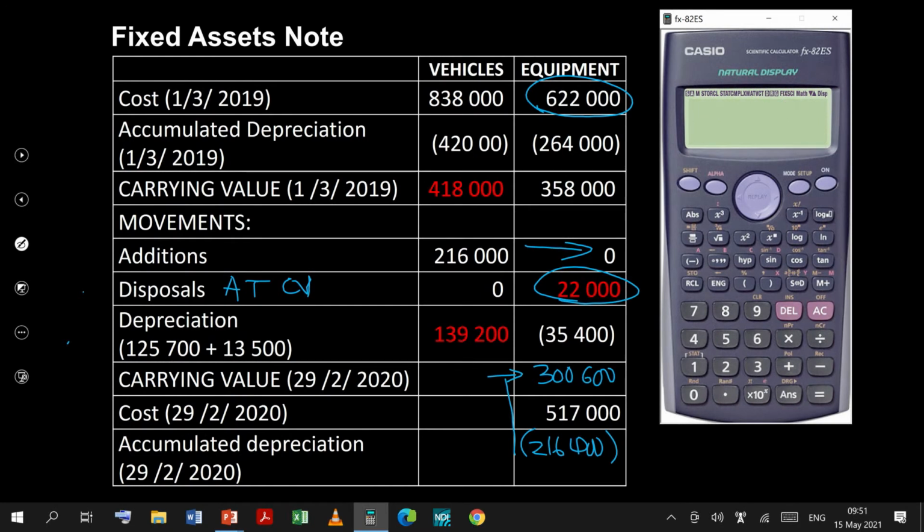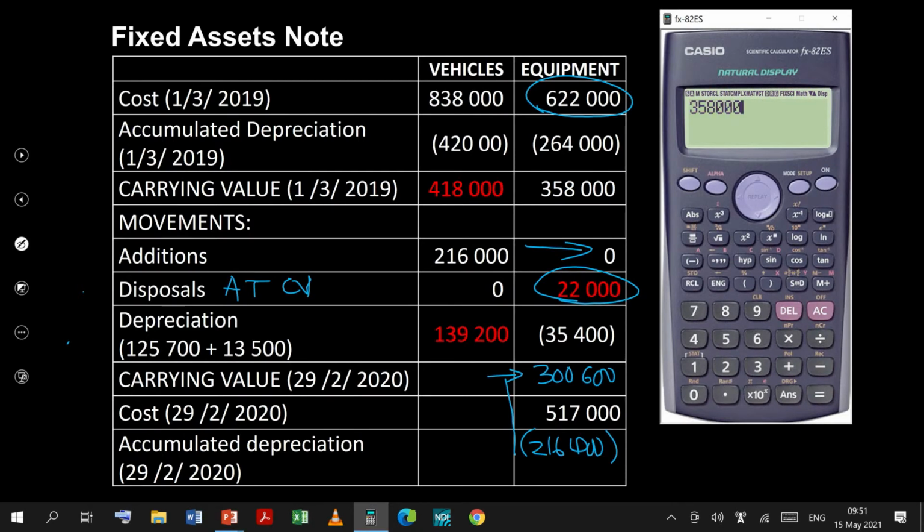You started off with 358,000. There were no additions, minus the disposals at carrying value, minus the depreciation for the year, and that gave you a figure of... there's something we did wrong here. Let's just redo this calculation. 358,000, right?